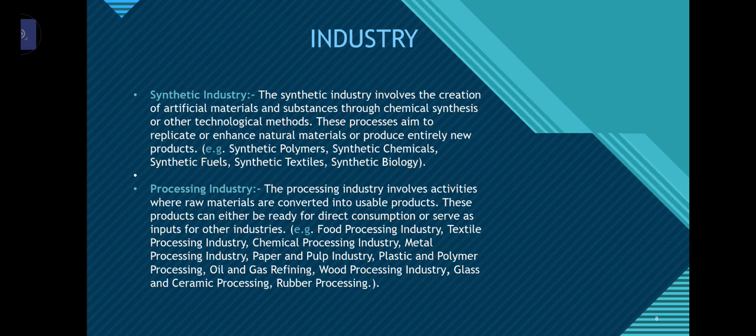And the processing industry involves converting raw material into usable products. For example, food processing industry, textile processing industry, chemical processing industry, metal processing industry, etc.